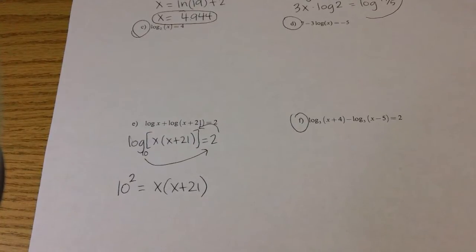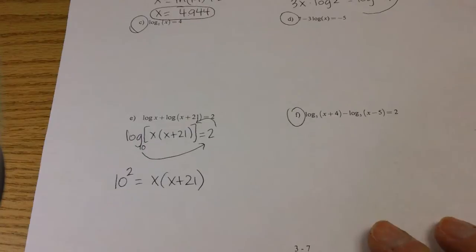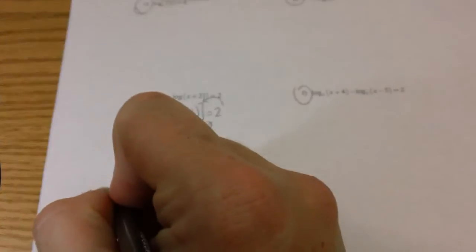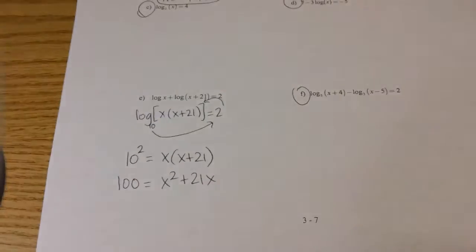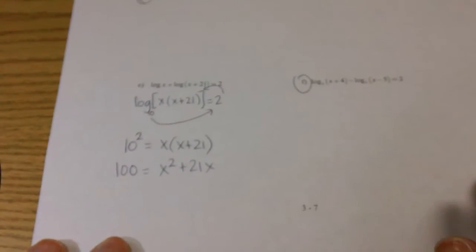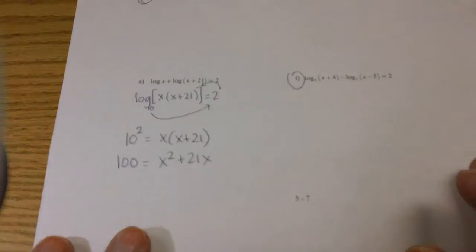Now we basically have a quadratic equation that we can solve. So we have 100 equals x squared plus 21x.